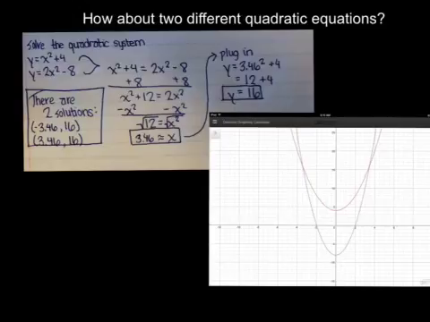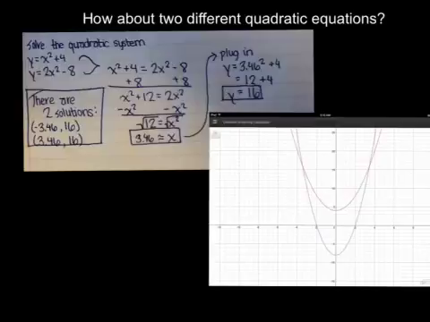So, if we were to have two quadratic equations that intertwine with each other, such as y is equal to x squared plus 4 and y is equal to 2x squared minus 8, we can solve this by setting these two equations equal to each other. So we have x squared plus 4 is equal to 2x squared minus 8.